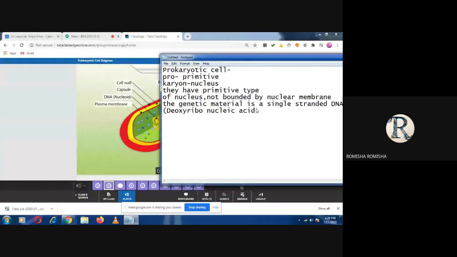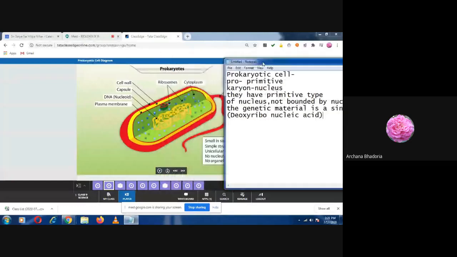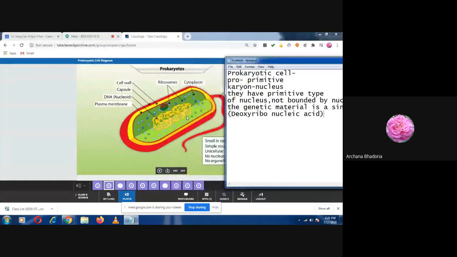So now in the prokaryotic cell, we don't have the genetic material, that is the DNA, double stranded and long. There is only a single-stranded DNA, and that is present in the center of the cell. Try to see in this diagram, children, that this central part, a single-stranded thread, is present in coiled form right here.